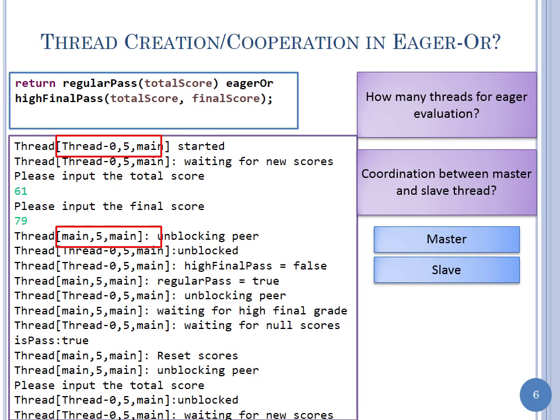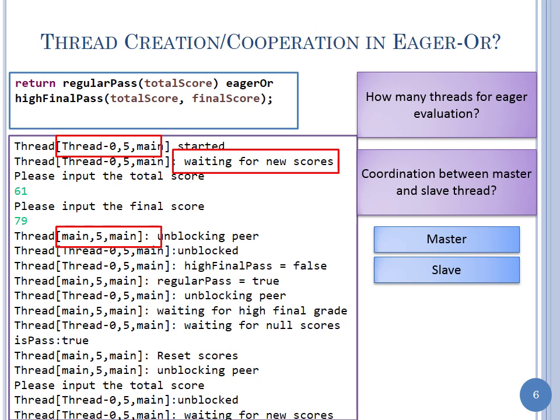So that thread got started and it started waiting. Then the user took their time to enter input. As soon as the input was entered, the master said, hey slave, unblock.